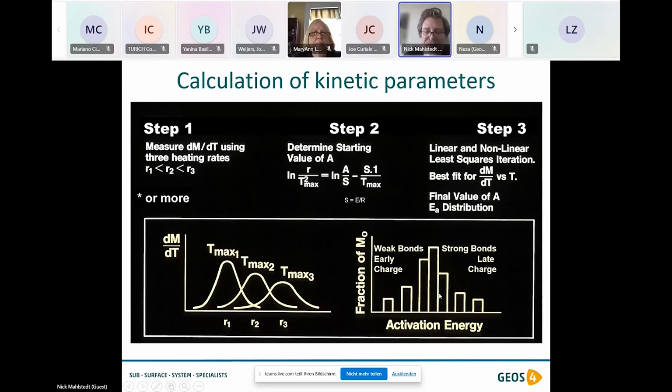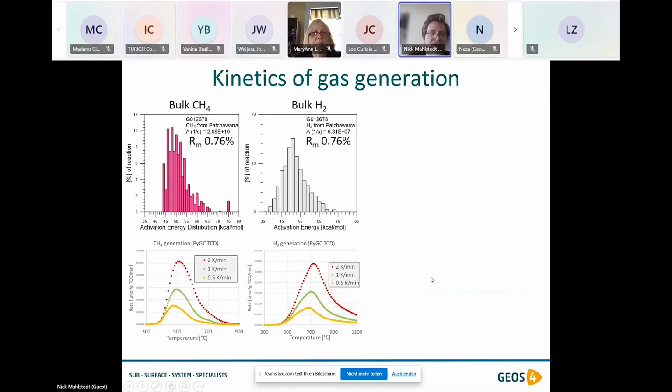So now we have all the parameters in place, and just by changing the heating rate to geological heating rates, we can predict the timing in geological times. So here are the heating rates shown for methane and hydrogen for the Pachavara formation sample exhibiting maturity of roughly 0.75%.